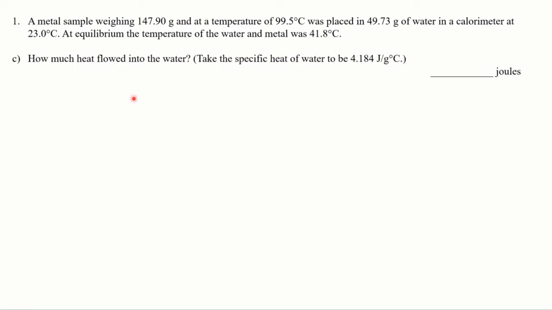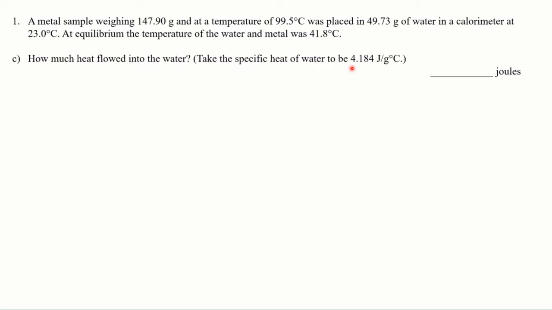Okay, first, before we answer this question, let's define what specific heat is. A specific heat is the amount of heat required to raise the temperature of 1 gram of a substance by 1 degree Celsius. So that means in order for me to take 1 gram of water and change its temperature by 1 degree Celsius, I need to input 4.184 joules of energy into that gram of water.